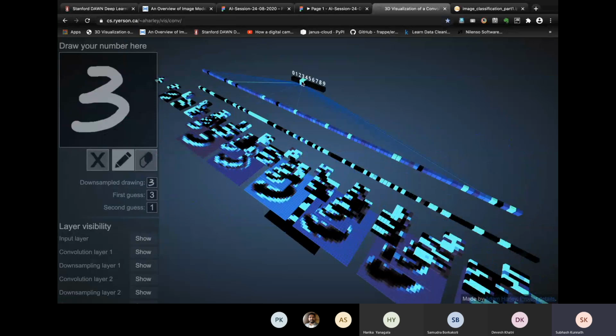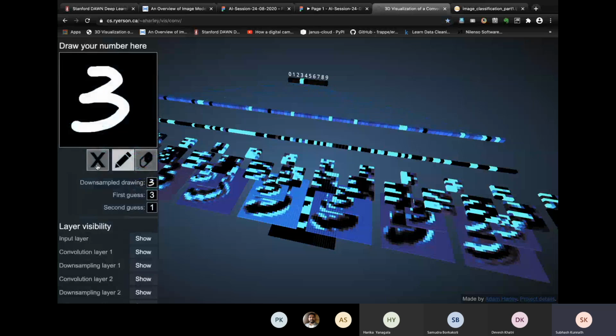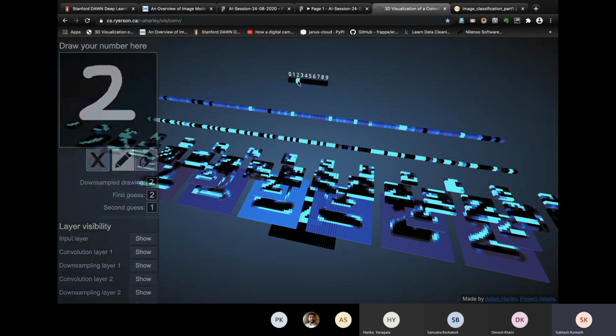At the top, there is a classifier which classifies these extracted features into the corresponding class. Like this is a 3, and the neuron corresponding to 3 has been lit up. Let's try another; the same way, 2 has been lit up.